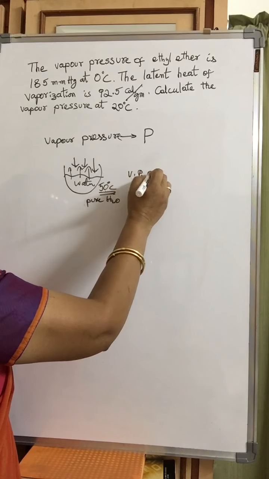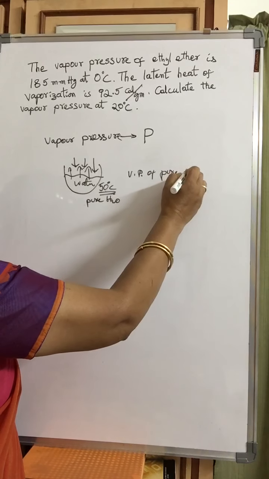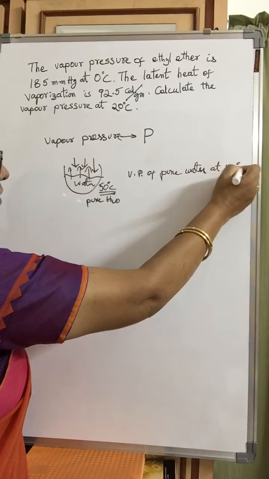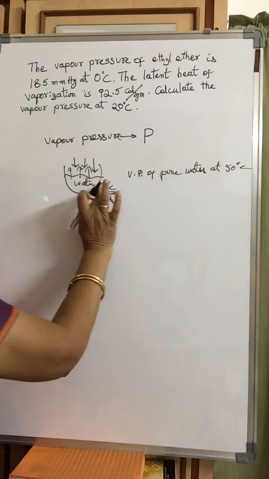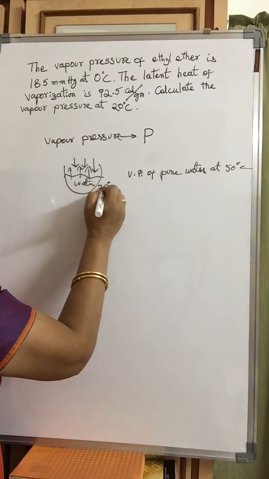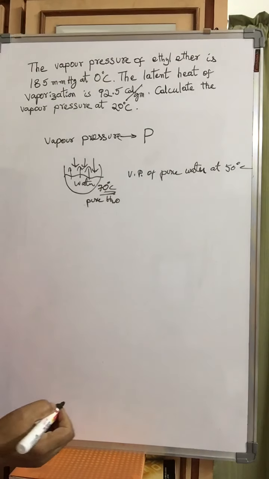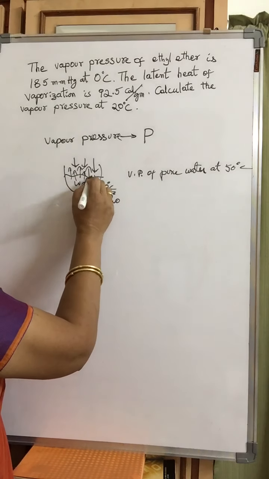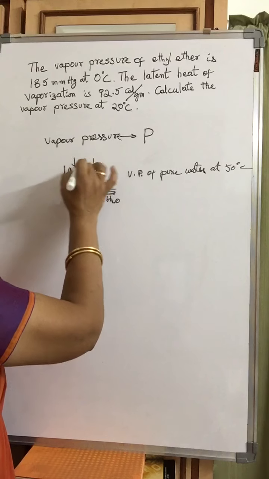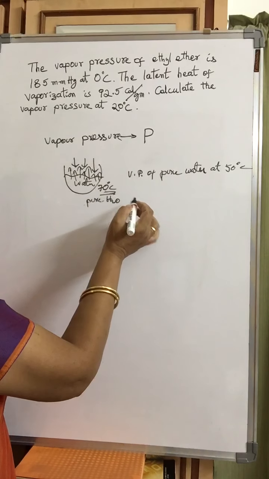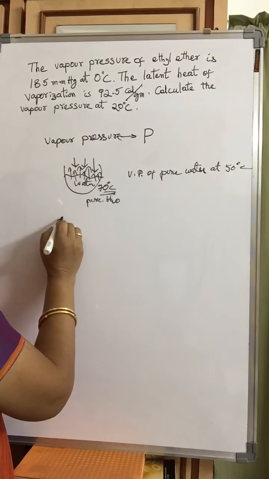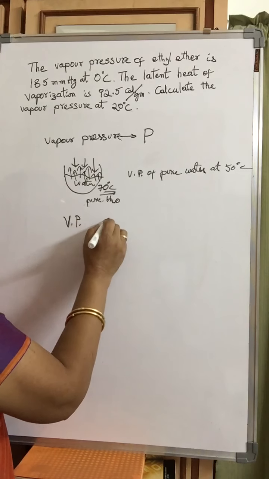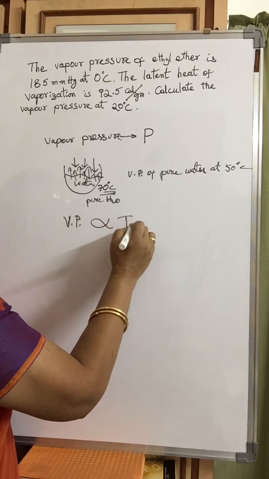Depending on the temperature, water molecules will evaporate and exert their pressure. This is called the vapor pressure of pure water at 50 degrees centigrade. Suppose we increase the temperature to 70 degrees centigrade. Then what happens? More molecules will evaporate, therefore the pressure exerted will also increase. So what you can conclude here is vapor pressure increases with temperature.